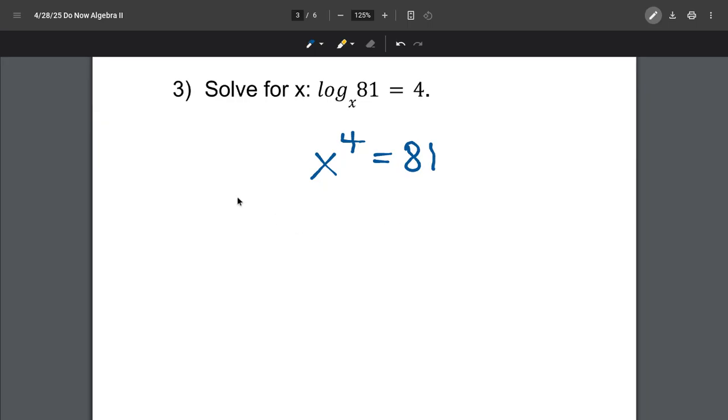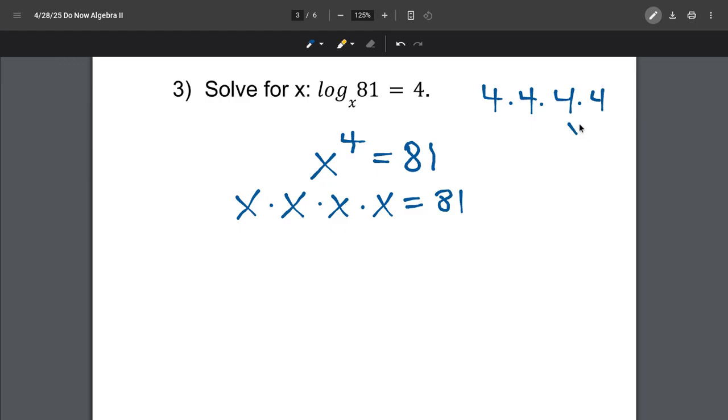Now what you could do is take the 4th root of both sides, but what I would encourage you is to think, what number, if you take 4 of that number and multiply them together, equals 81. And you can try this out. Let's say you started with 4, right? You do 4 times 4 times 4 times 4, and you get 256. That's too large.